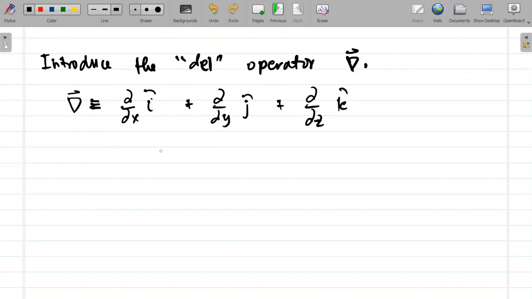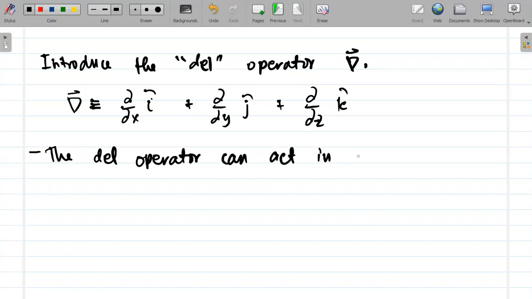Class, operator siya, meaning kailangan niya mag-act sa something. So, yan yung ginagawa ng del operator. So, paano ba siya nag-act? So, here, the del operator can act in 3 different ways.